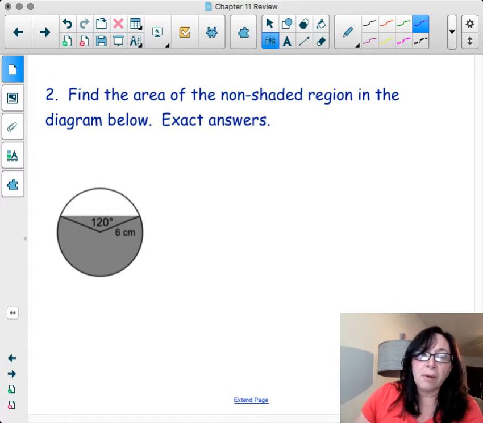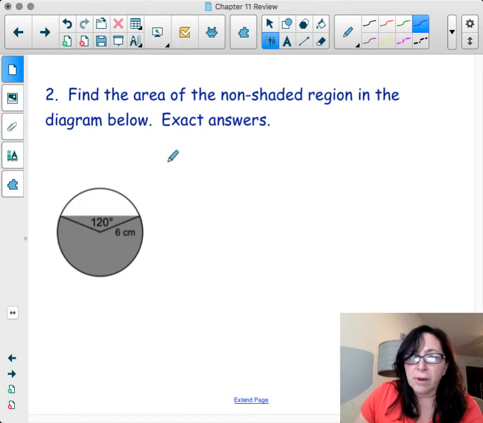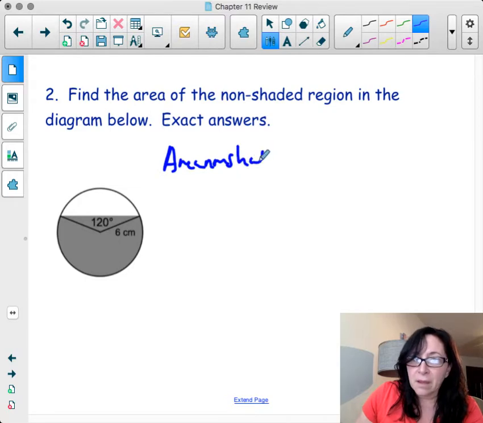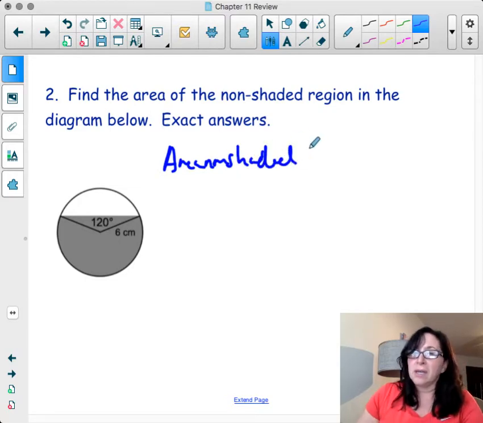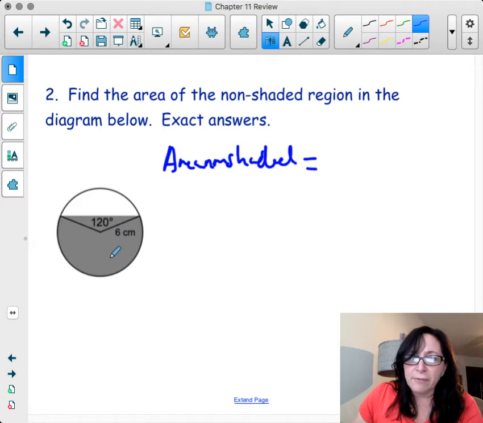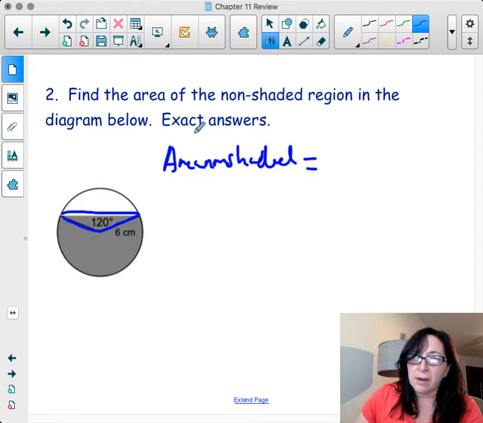Number 2, find the area of the non-shaded region. So for this problem, for the non-shaded region, we're going to find the area of non-shaded. This one's a little bit tricky. We have to find the area of the whole circle, but then we need to take away this triangle inside here in order to get to this top part right there.